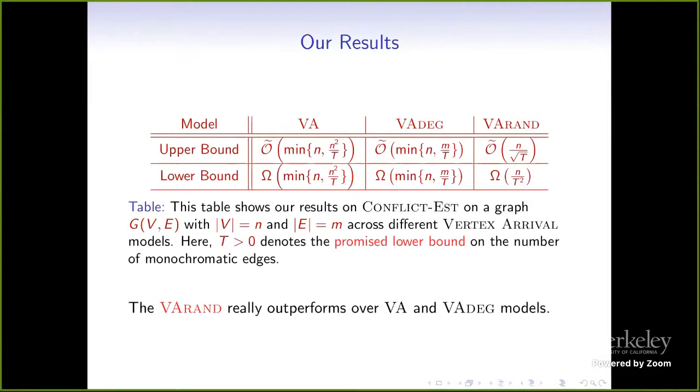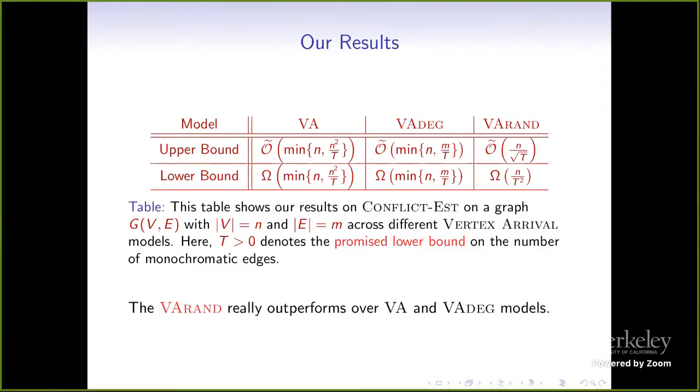This is our set of results. We study the conflict estimation problem, where our objective is to estimate the number of monochromatic edges in all three vertex arrival models. In this slide, n denotes the number of vertices, m denotes the number of edges, and capital T denotes a promise on the lower bound on the number of monochromatic edges.